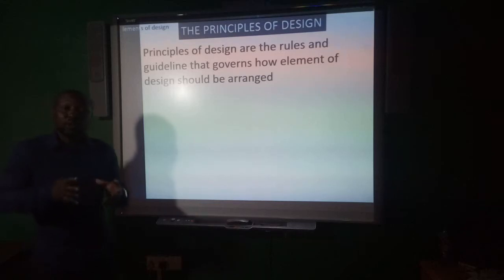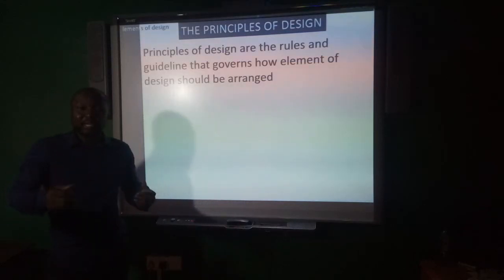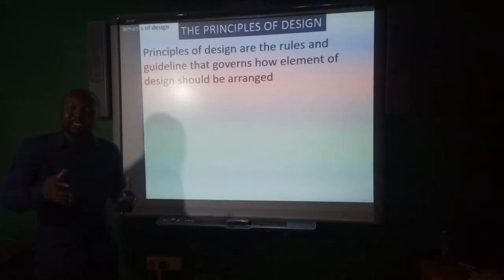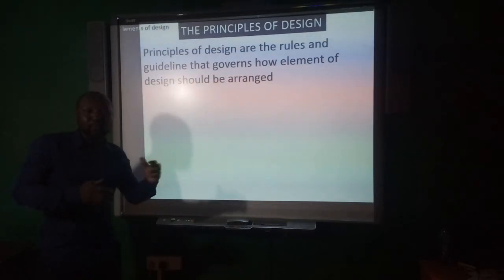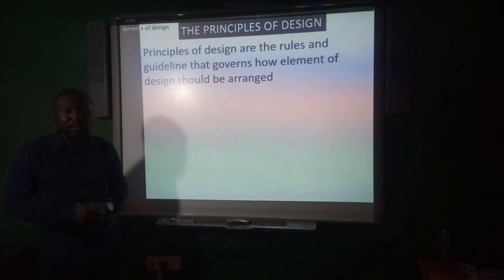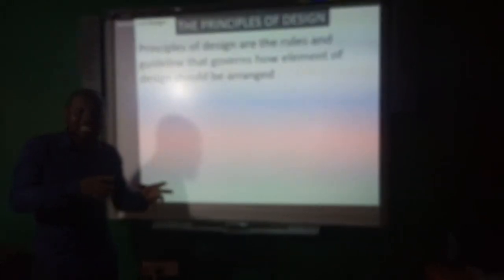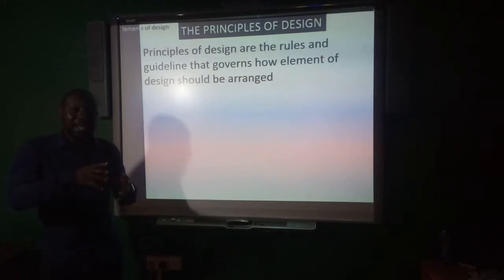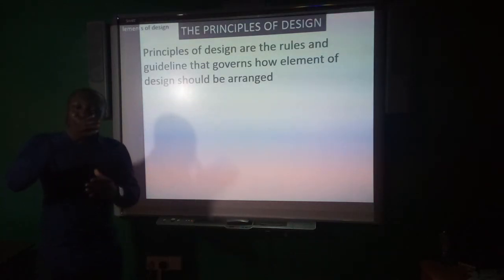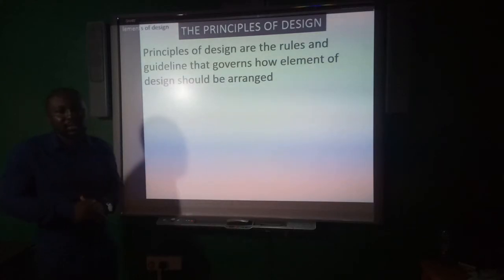So when you want to produce an artwork, you need your elements of design, the elements we mentioned earlier on. But before the elements of design can be added and combined to produce an effective artwork, you need rules that govern it.